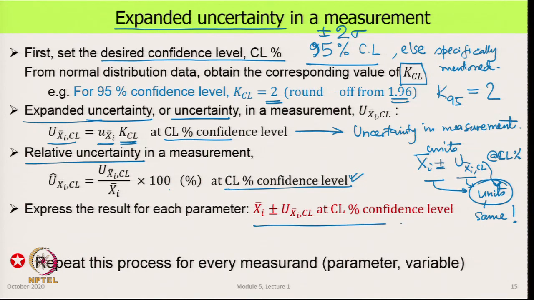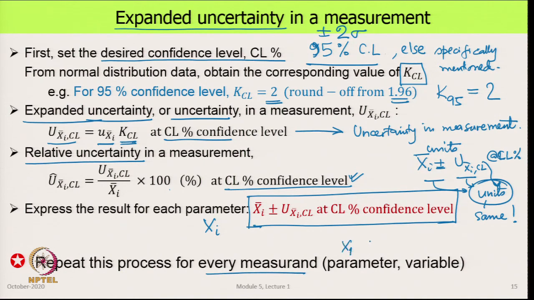So, this is our final answer. That is what this whole exercise was all about. We will take up some examples, so it becomes clearer how we are applying it, but that is the process that we follow. We have got this for parameter xi. We repeat this for every measurement or parameter.